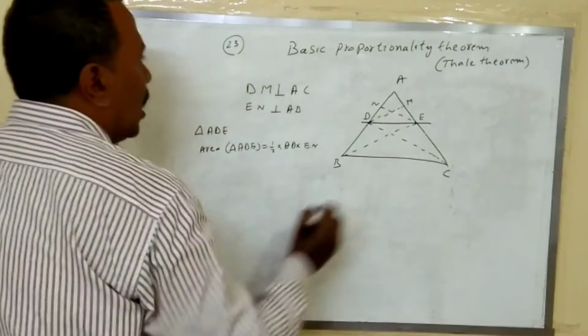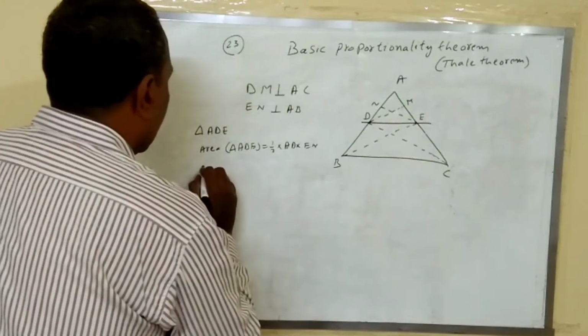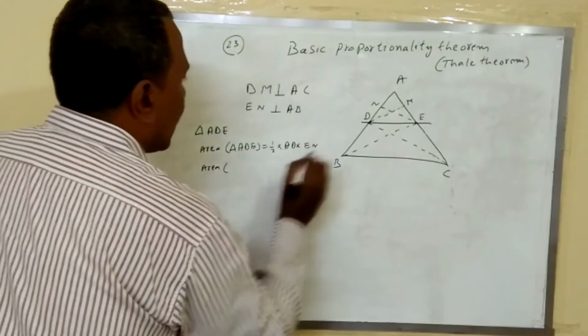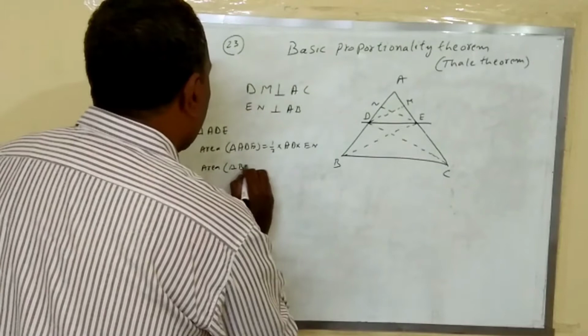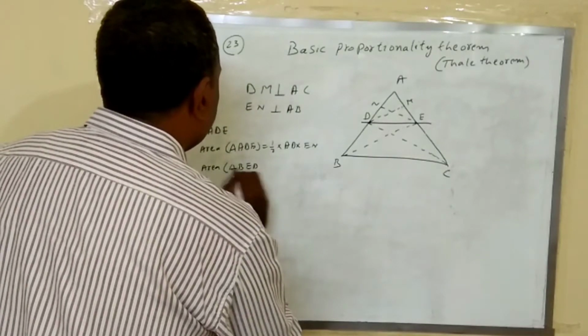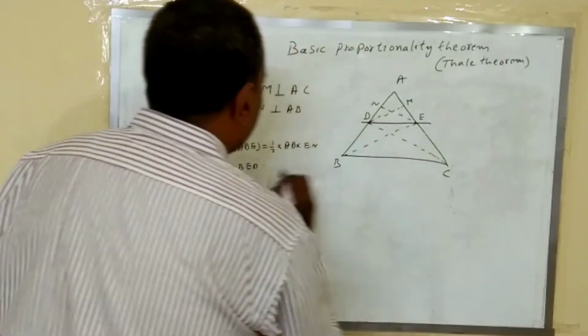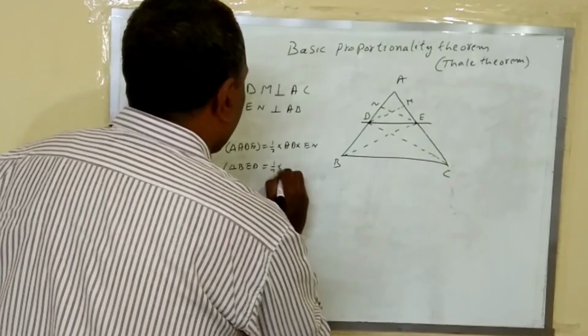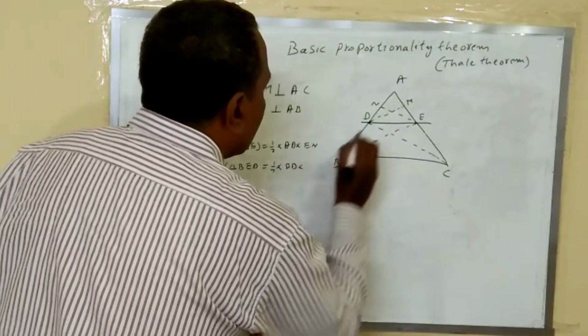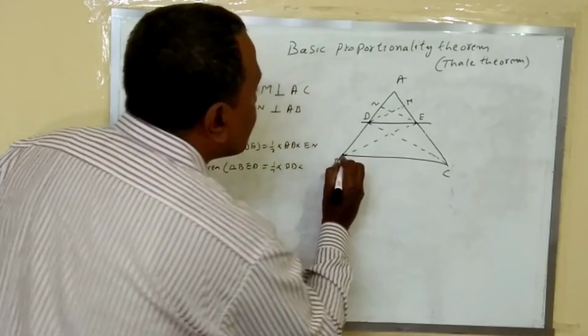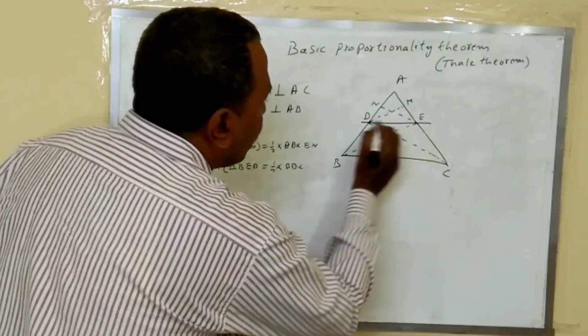Okay. Now consider this triangle. Area of triangle BED is equal to half into BD into, so I am taking this as the base. And what is the height? Height cannot be slanted.